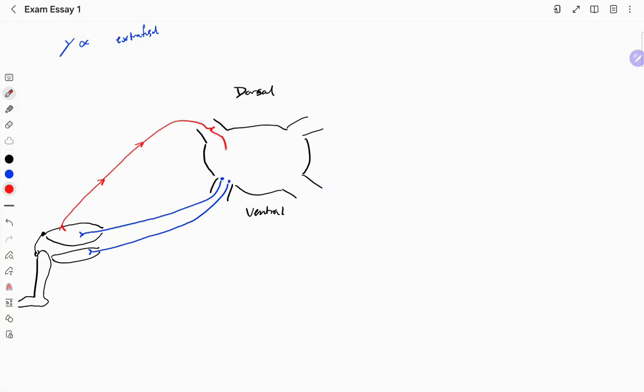I believe this is going to synapse here on this motor neuron that's going to the same muscle.